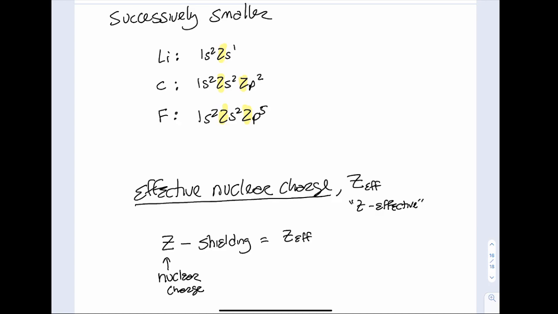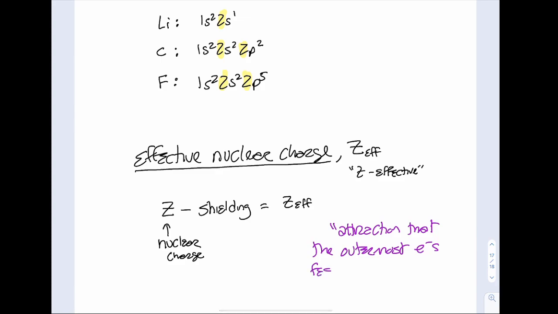You can really think about effective nuclear charge as the amount of the attraction. This isn't really the definition, but this is how I like to think about it to be able to explain it. This is going to be the attraction that the outermost electrons feel for the nucleus.